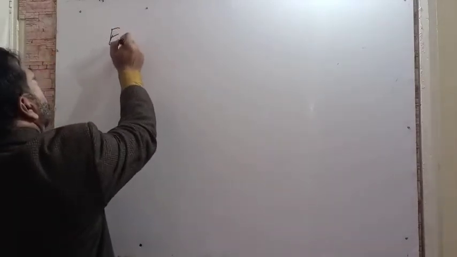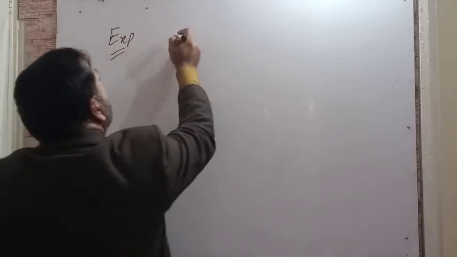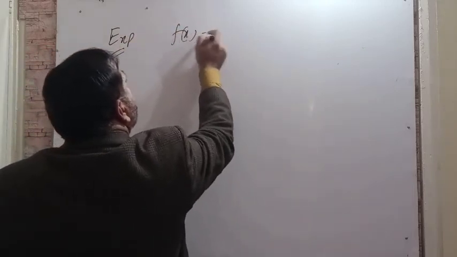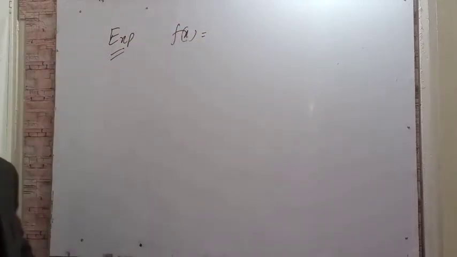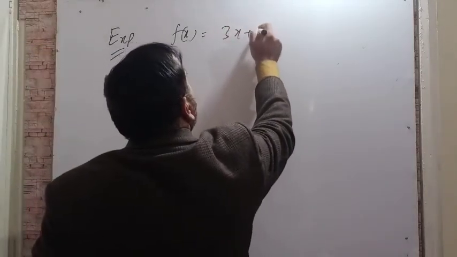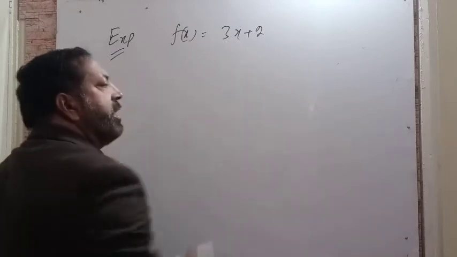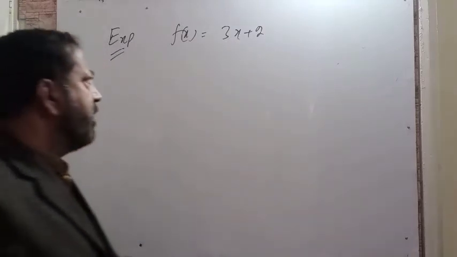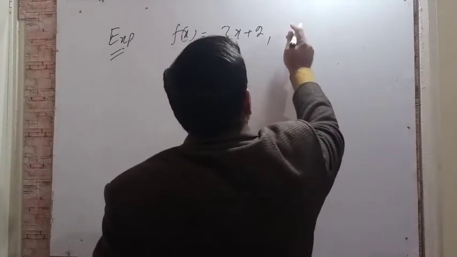Okay, next example is f(x) = 3x + 2, or in general you can choose ax + b, a linear function, a linear line.